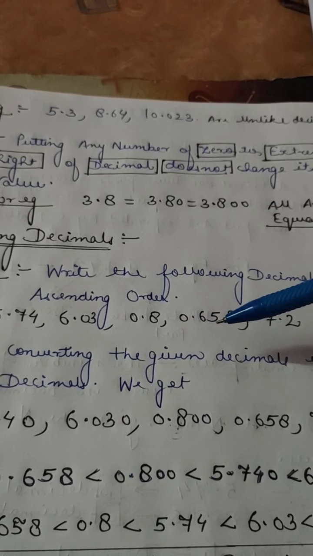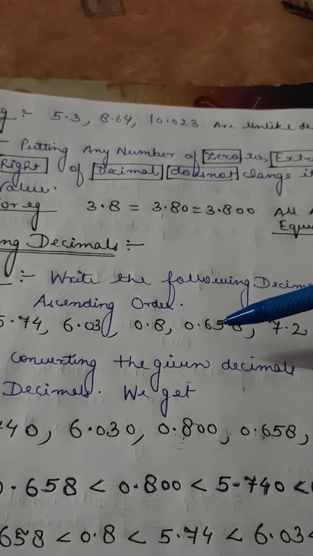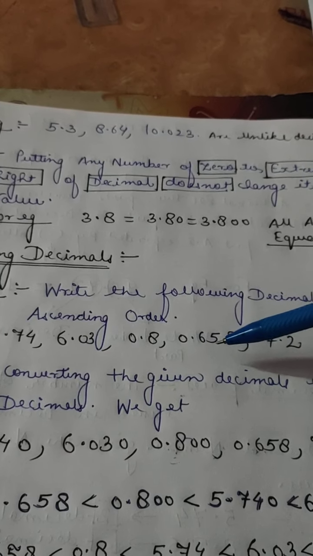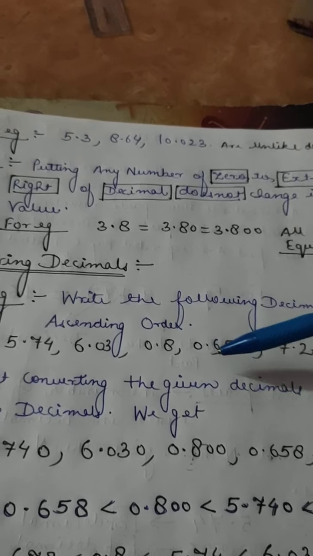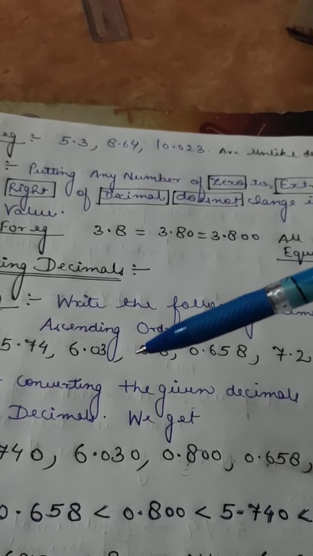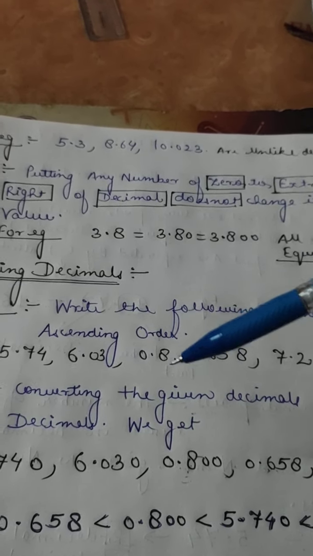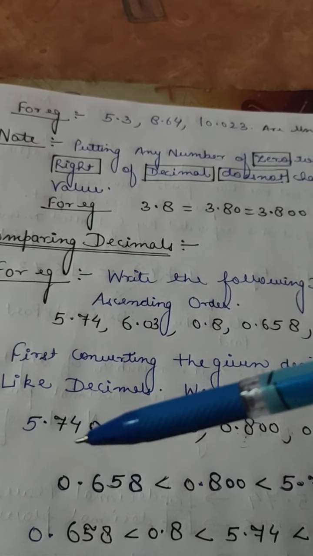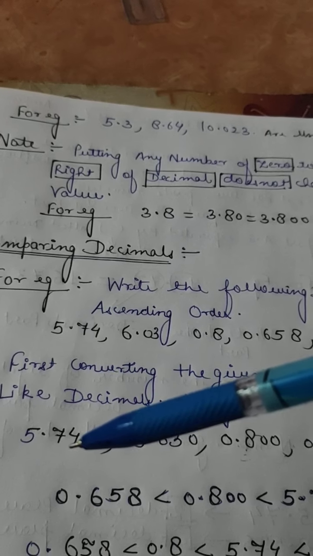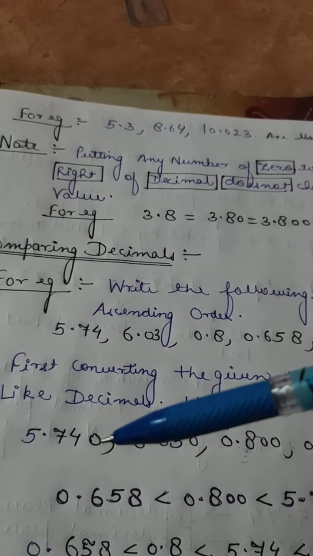So in order to convert into like decimals, we have to find the largest number of decimal places after the decimal. This decimal is having 3 decimal places after the decimal point, so we have to convert all the remaining decimals into 3 decimal places. So what we have done here, in order to make this decimal have 3 decimal places, we have added 0.